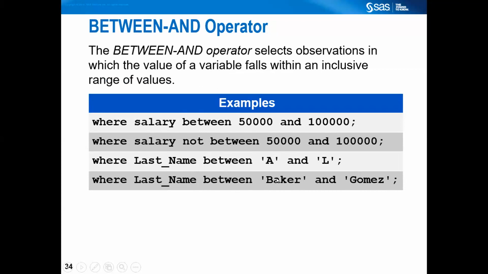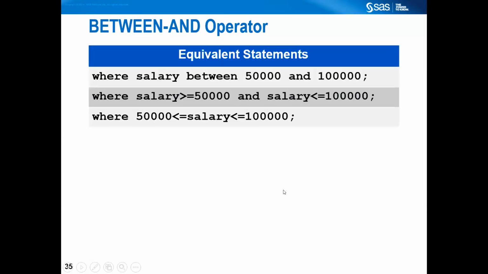So this is also one example where you can use between and for numeric as well as character. This is equivalent to using it like this. Between and is equivalent to like this. So this is one example.